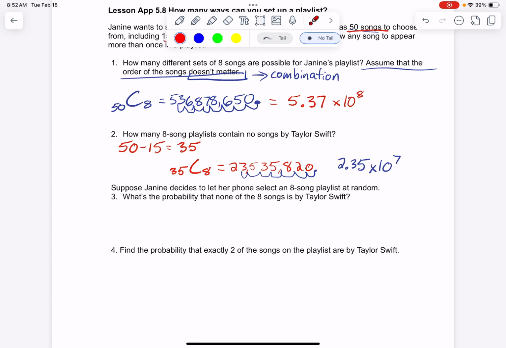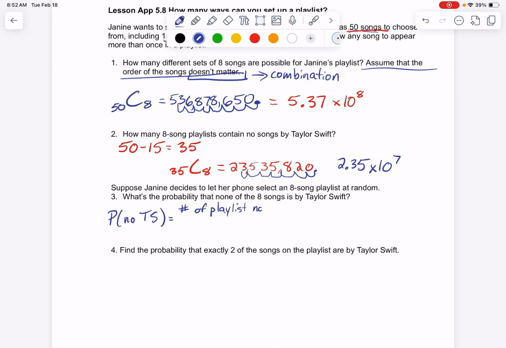So we actually already have all the ingredients for this, because the probability of no Taylor Swift would be the number of playlists with no Taylor Swift divided by the number of playlists total. Well, that's just our combinations.